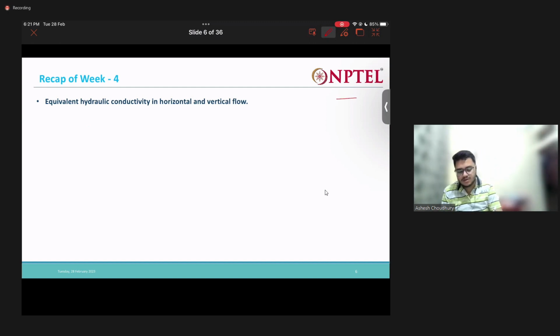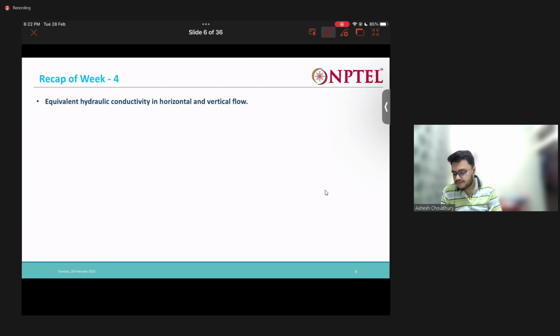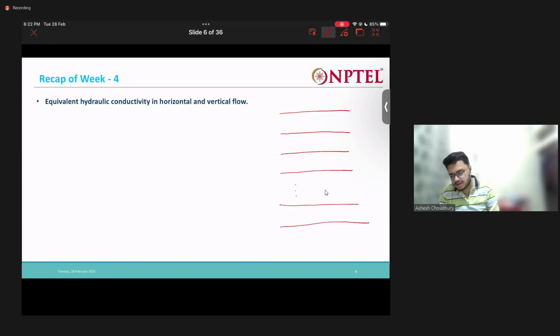Say you have a soil like this, I will just draw it bigger. This is a stratified soil.